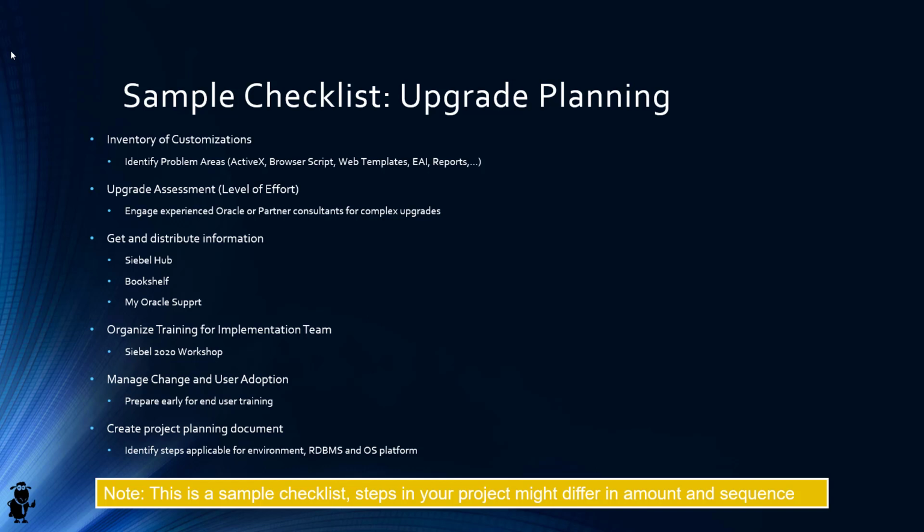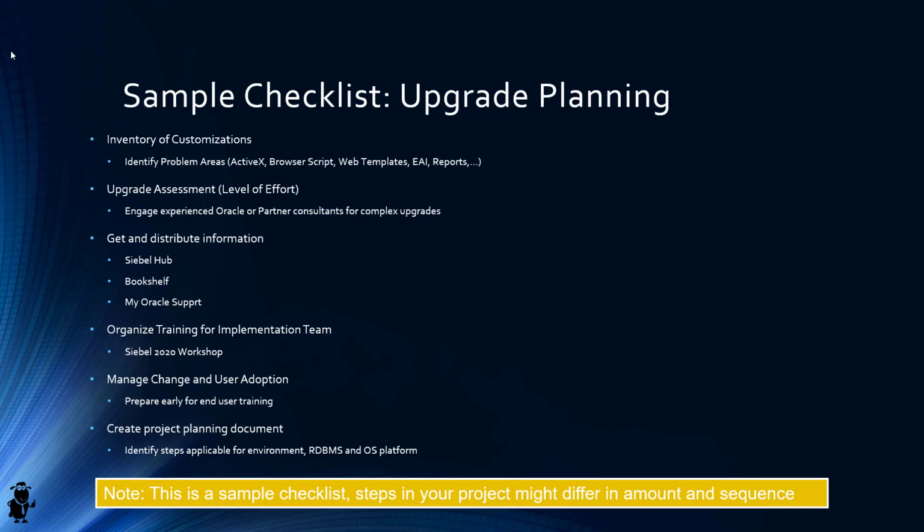And also manage change and user adoption very early, prepare the user community for the changes they're facing, especially when you migrate to OpenUI, or introduce any new features from Siebel that they haven't seen yet.